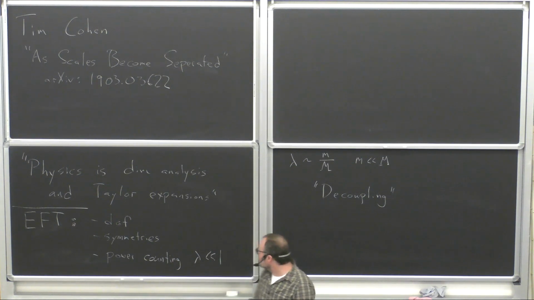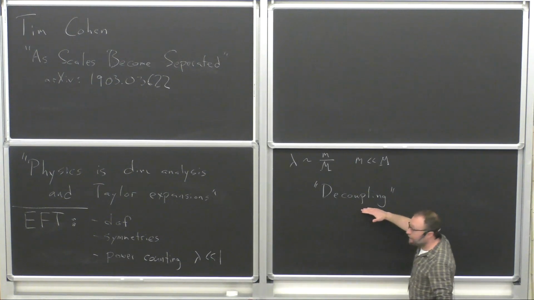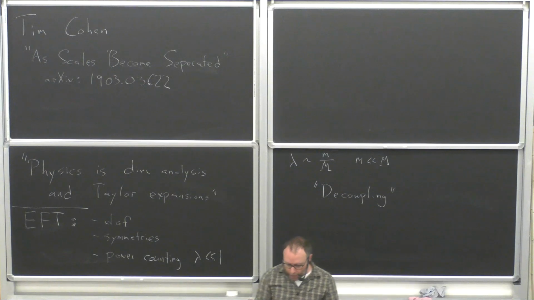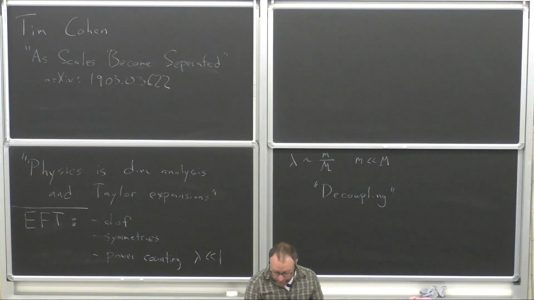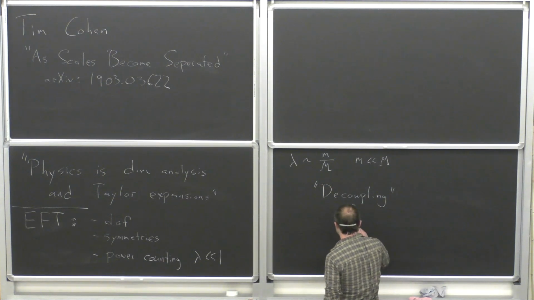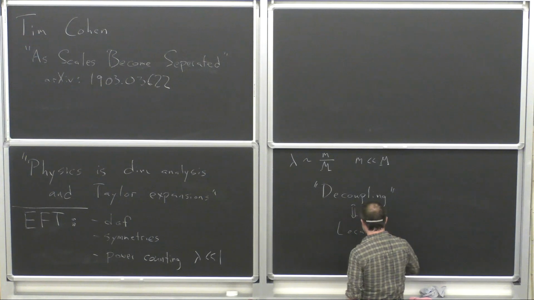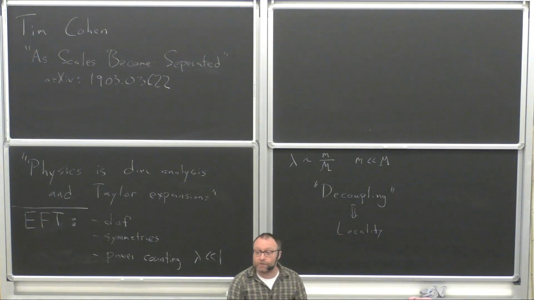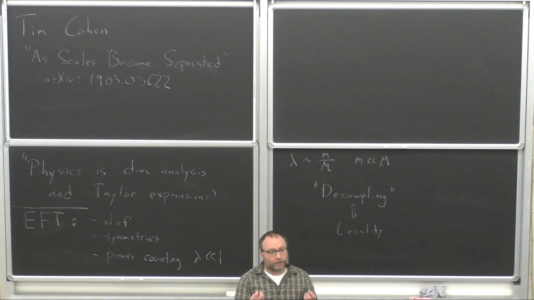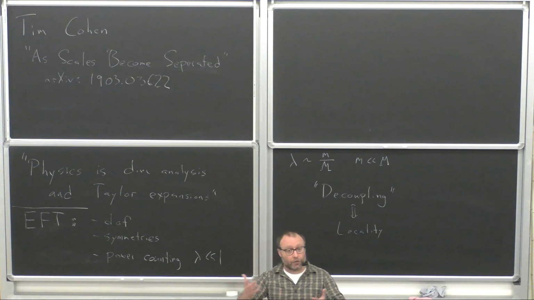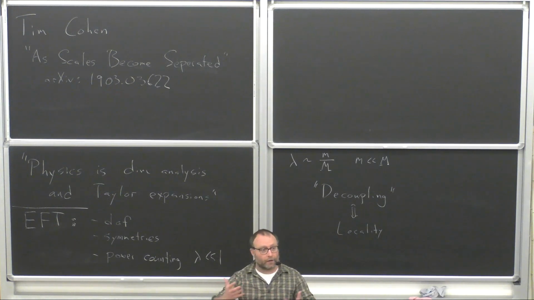This idea that heavy physics decouples is actually central to our understanding of the fundamental laws of nature. At some level, this is a consequence of locality. We'll see this as we get into the calculations, as we start drawing Feynman diagrams. You can really understand this notion of decoupling and the idea of locality as being one-to-one with each other.